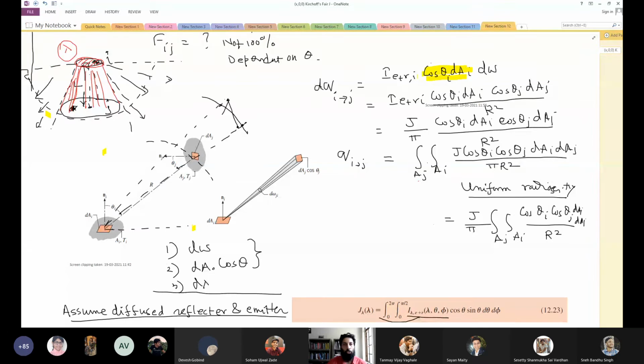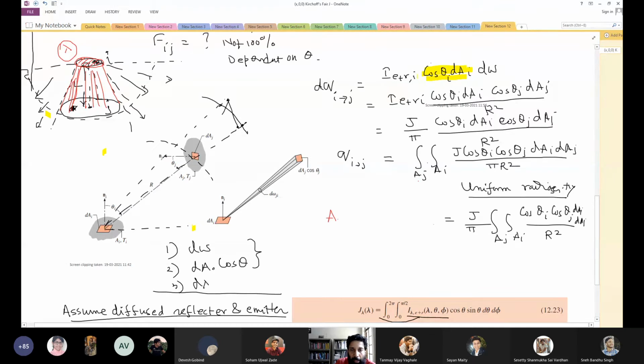Okay. So this Q is the amount of energy that is emitted by I and received by J. Now our view factor is the fraction of total energy, right? The fraction of total energy that surface I will be emitting.